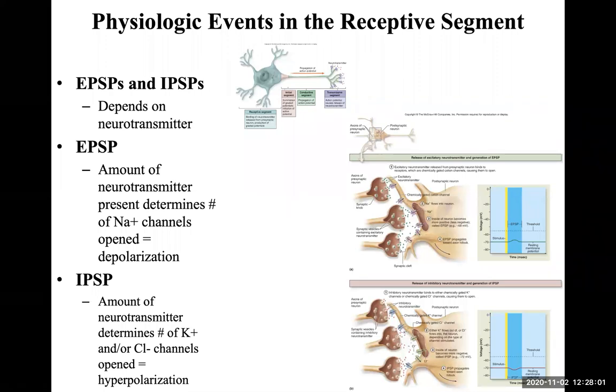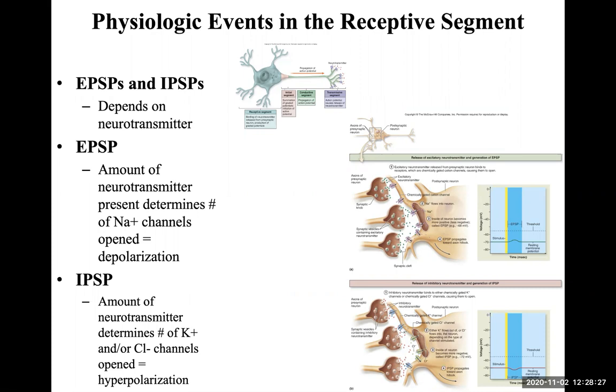What causes an excitatory postsynaptic potential is the opening of a chemically gated sodium channel, right? And so if sodium channels are open, because of the concentration gradient, sodium will enter the cell, and that will bring the value of the membrane potential in a more positive direction. So that's why we call them excitatory.